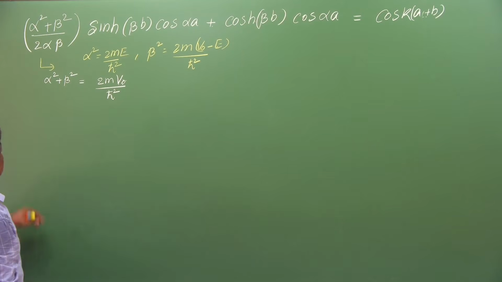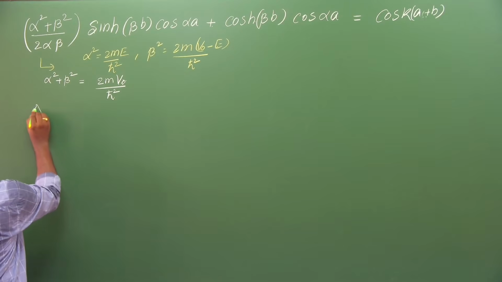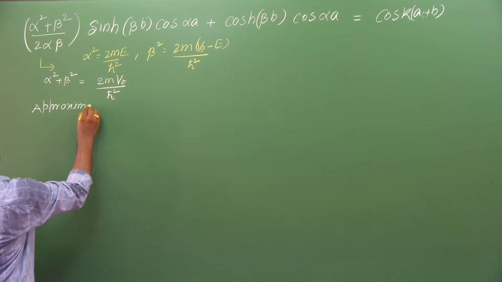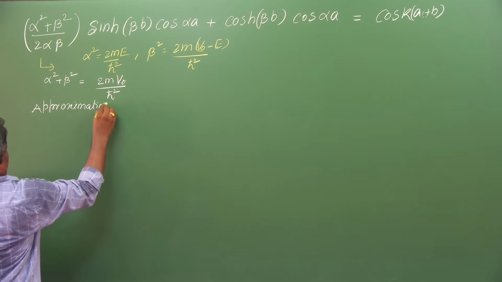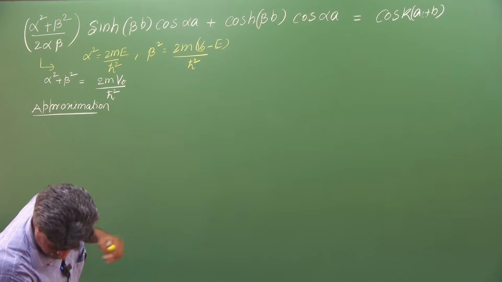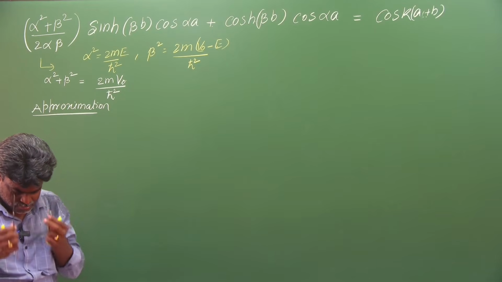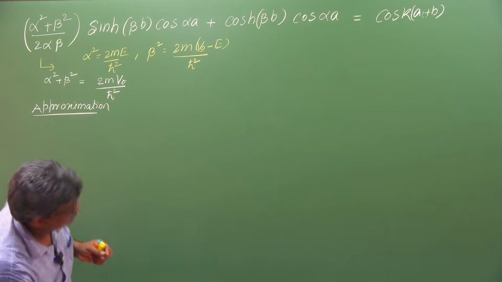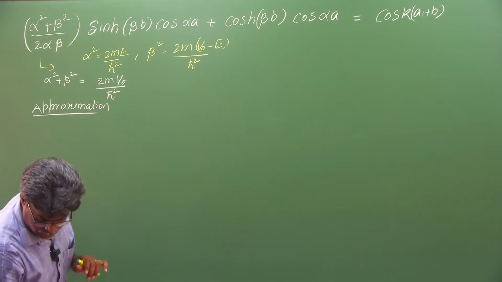After that, we are taking an approximation. Here something is missing. Correct, 2 alpha beta.